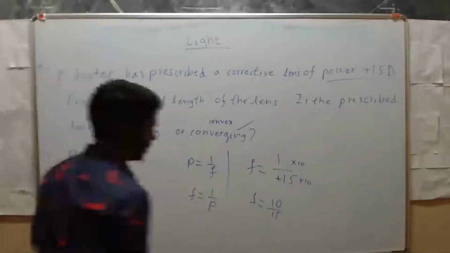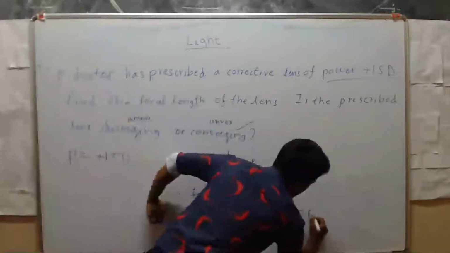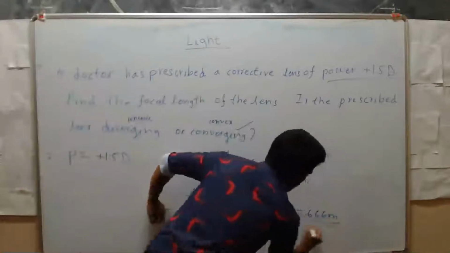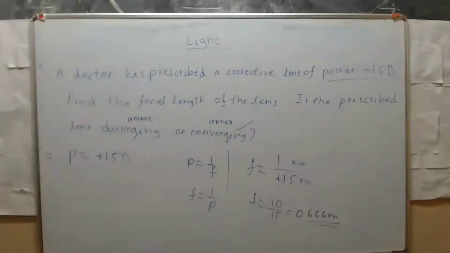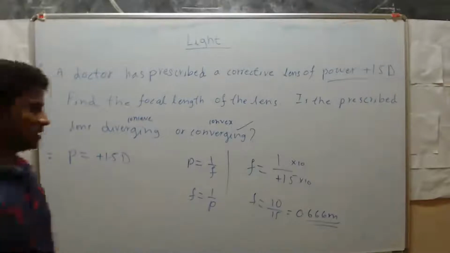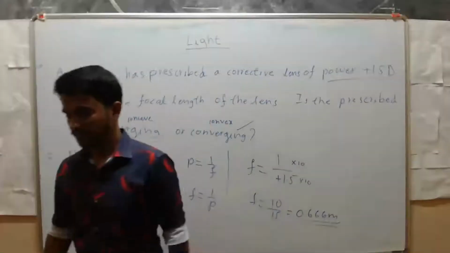The answer is equal to 0.66 meter. So the focal length of that lens is about 0.66 meter.